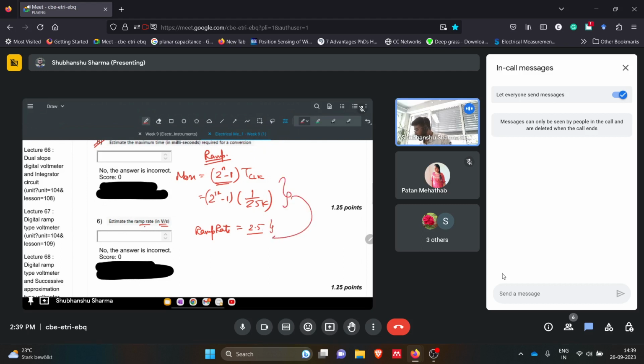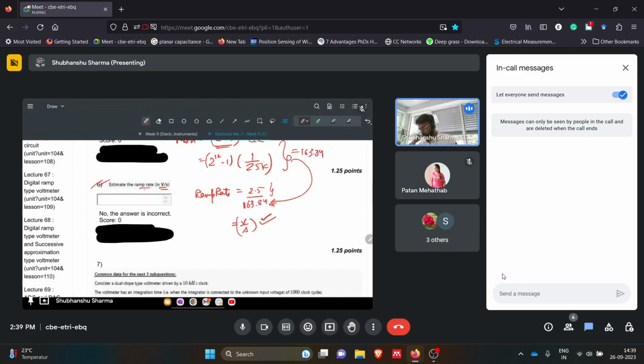So we will use this, and I know the solution. For this it was 163.84, so this will be 163.84 milli. So you will get the ramp rate in volts per second. Okay, so this is also fine.